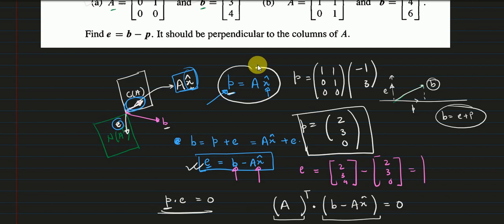So if we subtract we will get 0 0 4. Now you can check this E dot P. So E dot P will be 0. You can check simply, 2 3 this component and this component are 0, so overall E dot P or E transpose P will be 0.